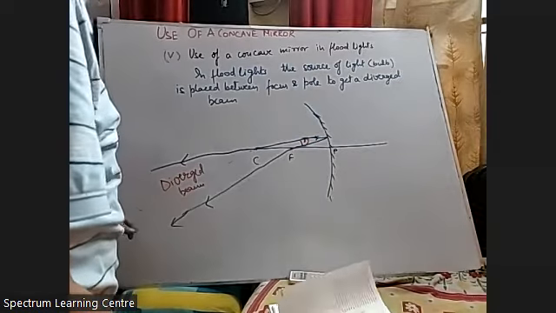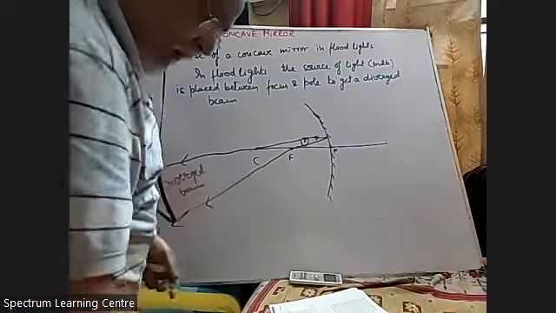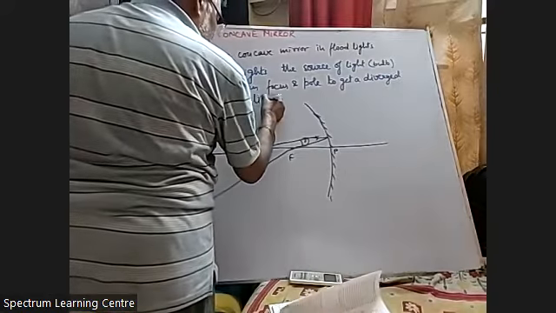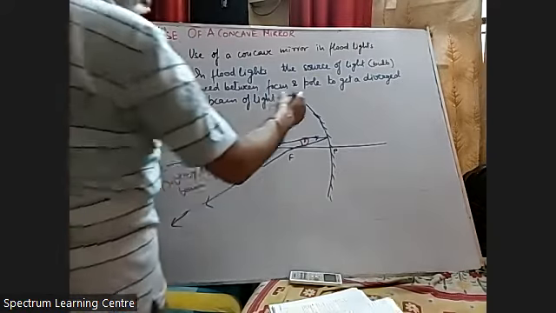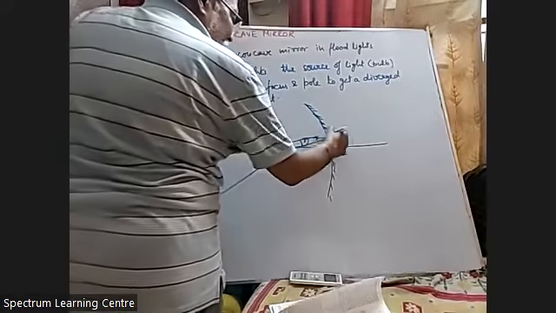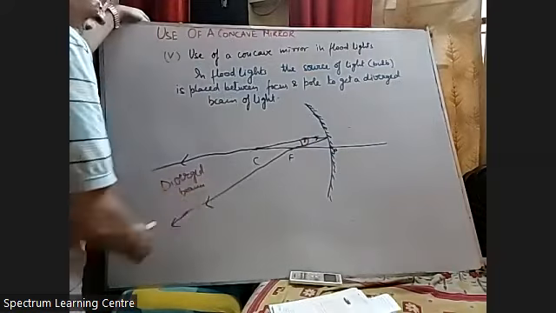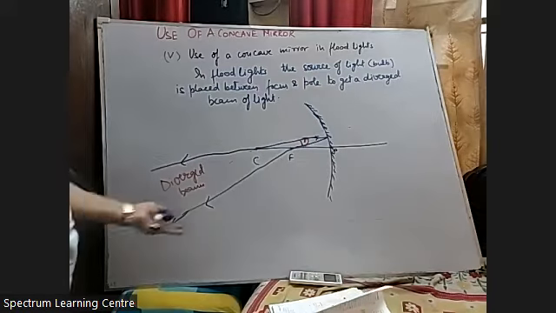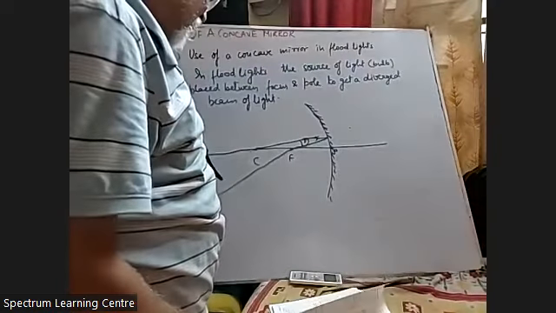You will get a diverged beam of light. Understood? Yes, sir. Because here I am not interested in the image. Here I am interested in the reflected rays. Have I made the image? I have not. Not required.